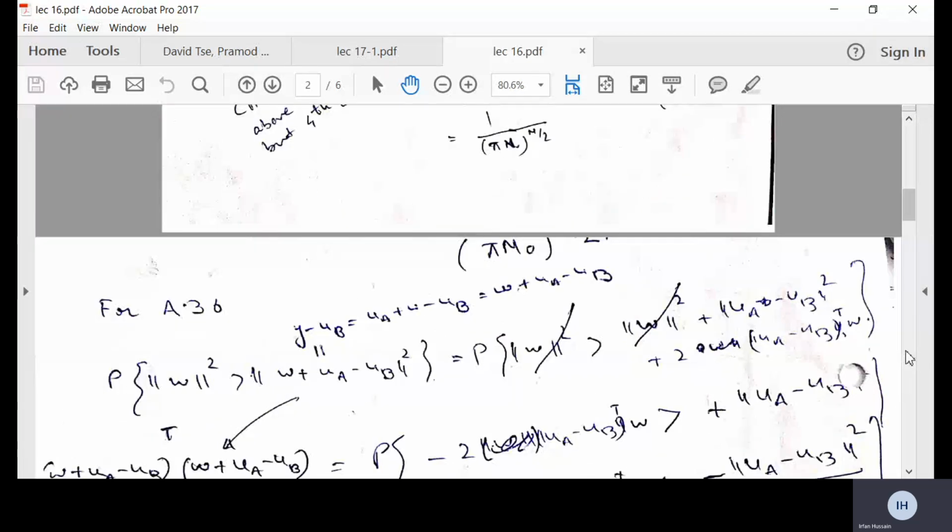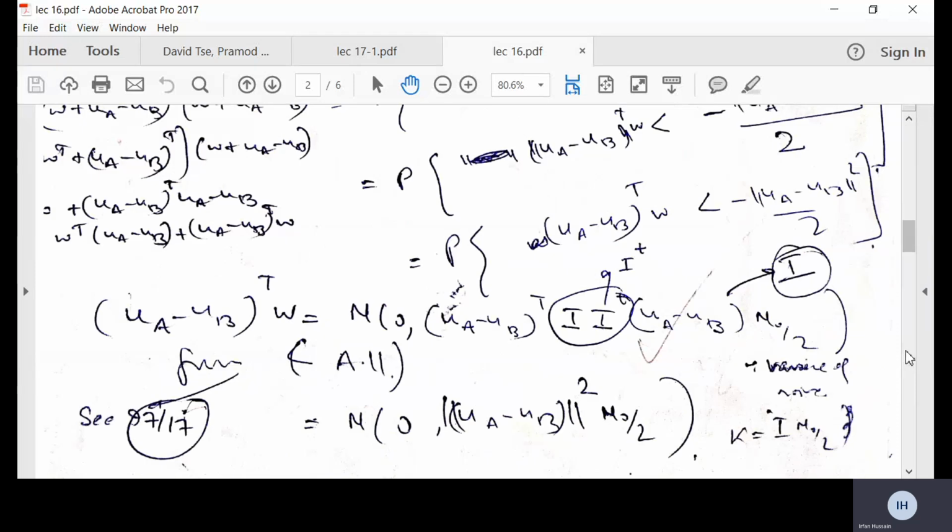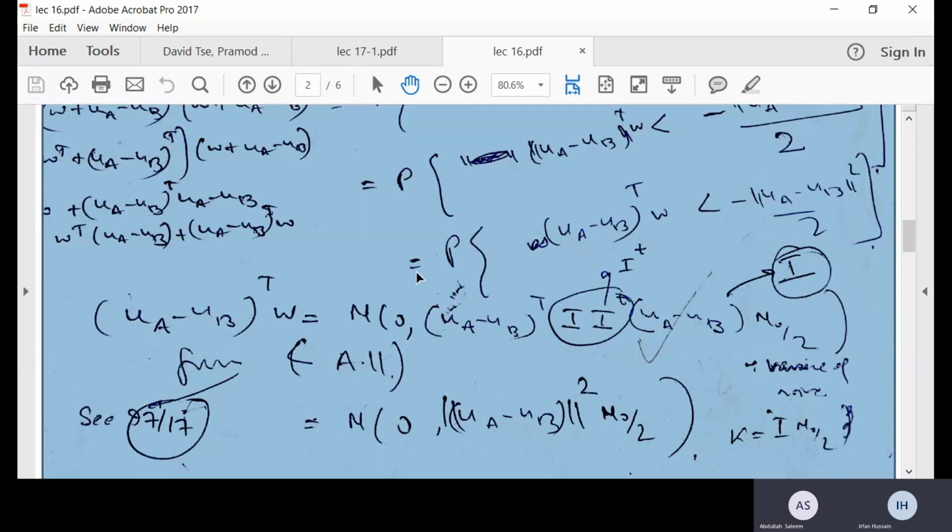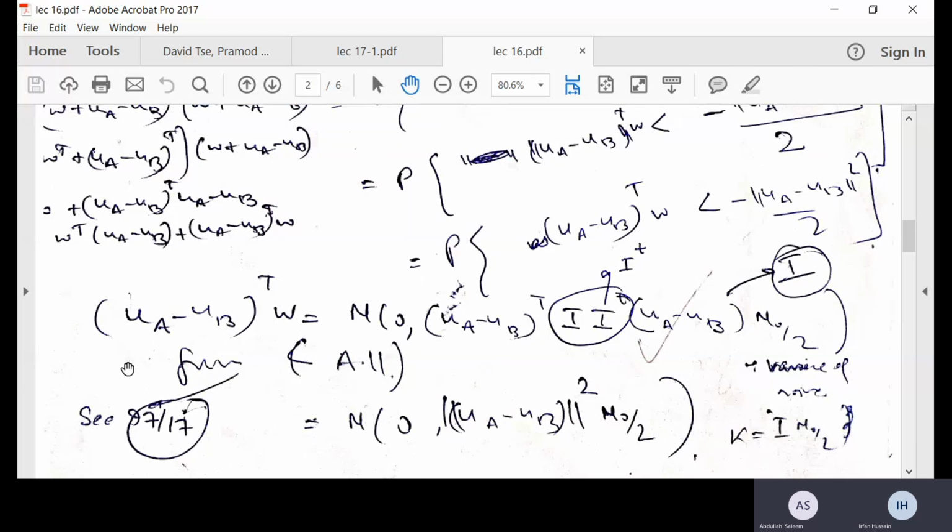In the last lecture, we had completed some portion while some was left. One portion was how we could give the proof of this statement, that (UA minus UB) transpose W is equal to this thing.